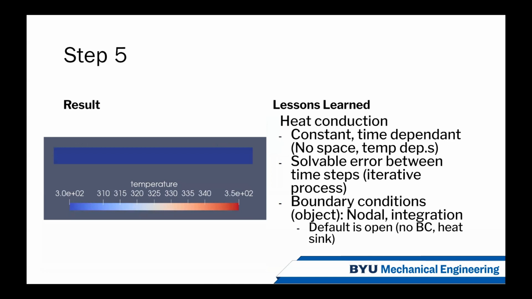In step five, we are now looking back at temperature. This plot here is the temperature at the initial timestamp. That's why there's no gradient here, but we could have done it with respect to time if we wanted to. As part of this tutorial, we learned about heat conduction. It can be constant, it can be time dependent.